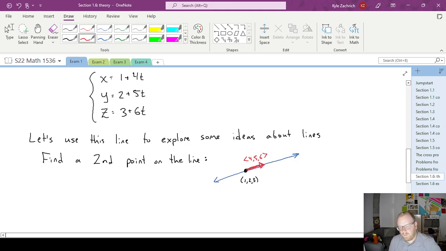So we know from being able to make a vector out of 2 points, or if you're given a point and a vector, you can find a second point.